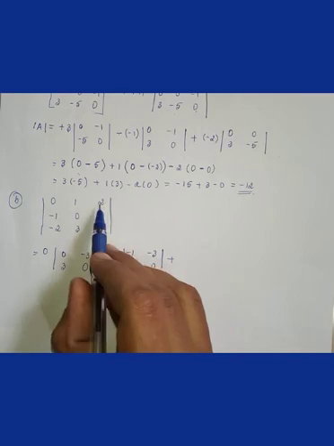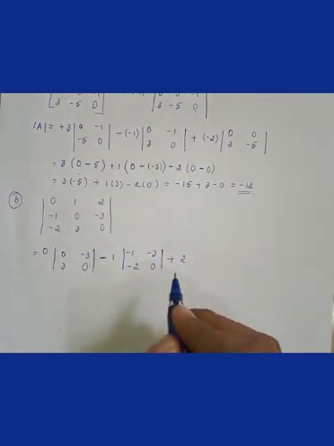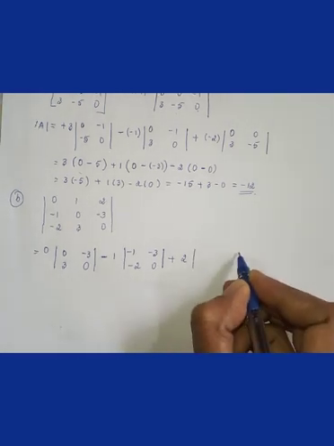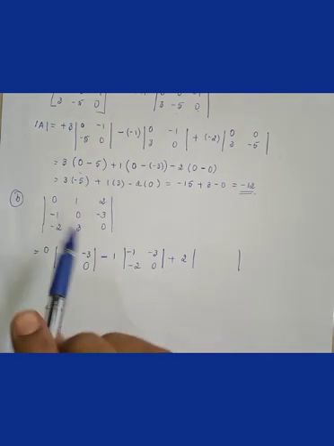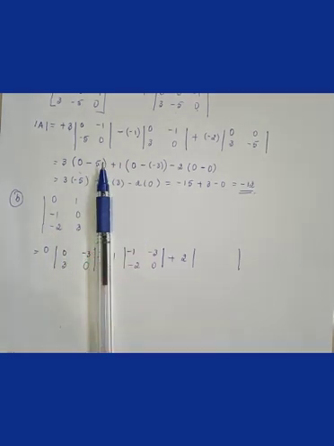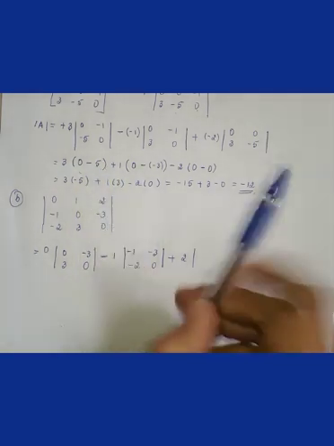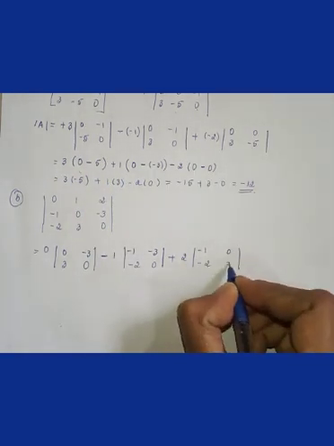Plus the last entry 2, because plus minus plus, determinant of, delete the first row and third column, you will get the determinant minus 1, 0, minus 2, 3.